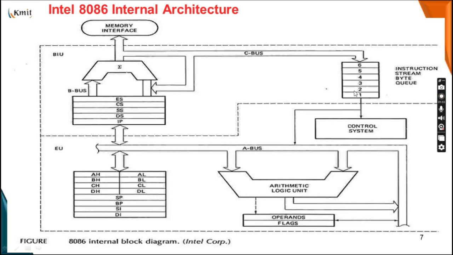It prefetches the instructions while the process is going on, which is the pipelining process. Instructions are taken one by one from the queue and stored into the control system, which decodes them into machine understandable language consisting of zeros and ones.